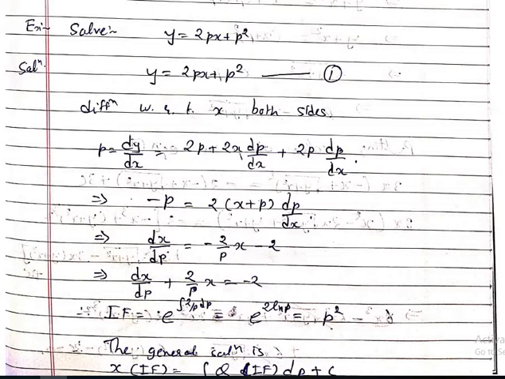So you will have p, that is dy by dx, is equal to 2p plus 2x dp by dx plus 2p into dp by dx. So 2p going to the opposite side will give minus p is equal to 2 into x plus p dp by dx. So you will have dx by dp is equal to minus 2 upon (p plus x) minus 2.